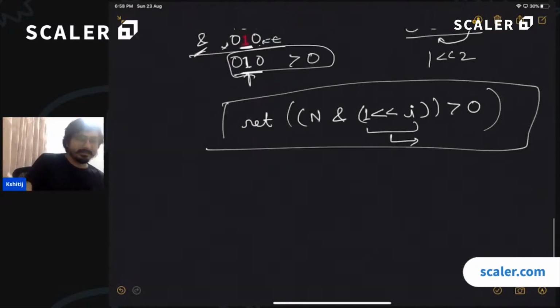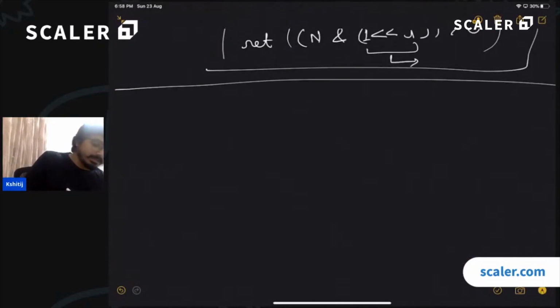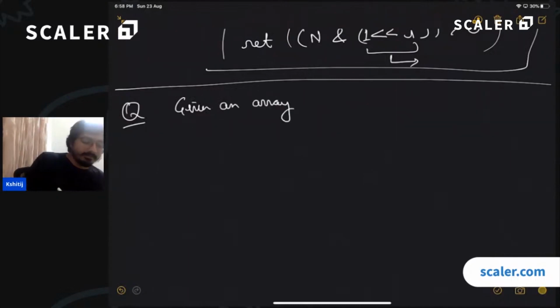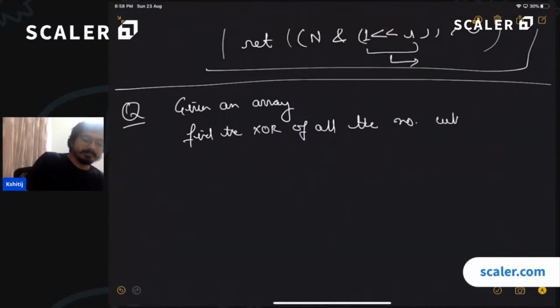Let us see another quick question. If you are given an array, find the XOR of all the numbers where the ith bit is set.